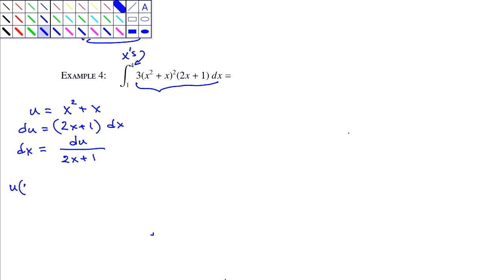So think of u as a little function of x. u of 4 is going to be 4 squared plus 4, by plugging 4 into the relation between u and x, this top equation. That would be 20. And what is u of 1? Yeah, that's 1 squared plus 1, which is 2.